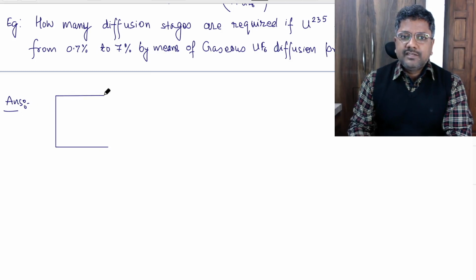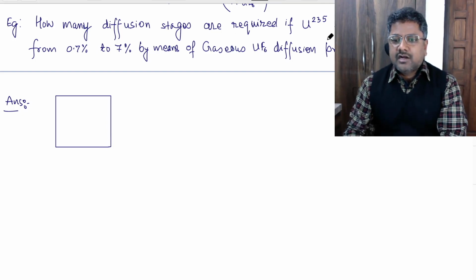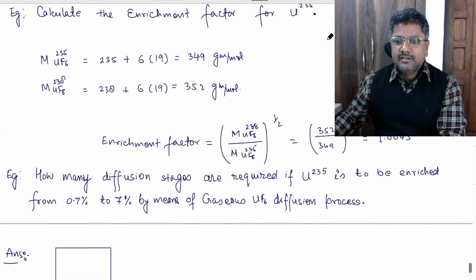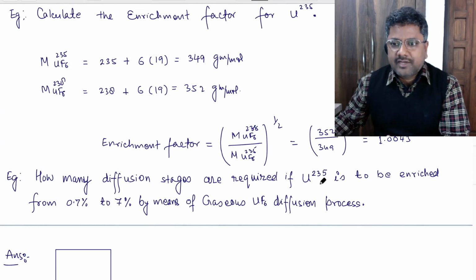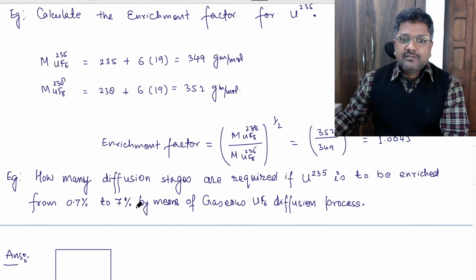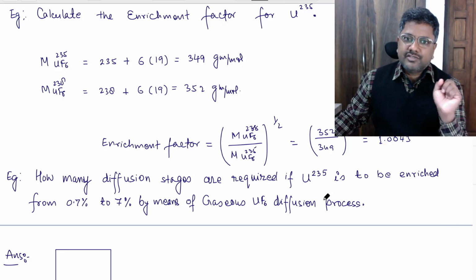Just reading the question, you don't have much information on how to do it, because nothing is given, only uranium-235 and 0.7% and 7% are given. Unless you know the theory behind this question, you cannot do it.